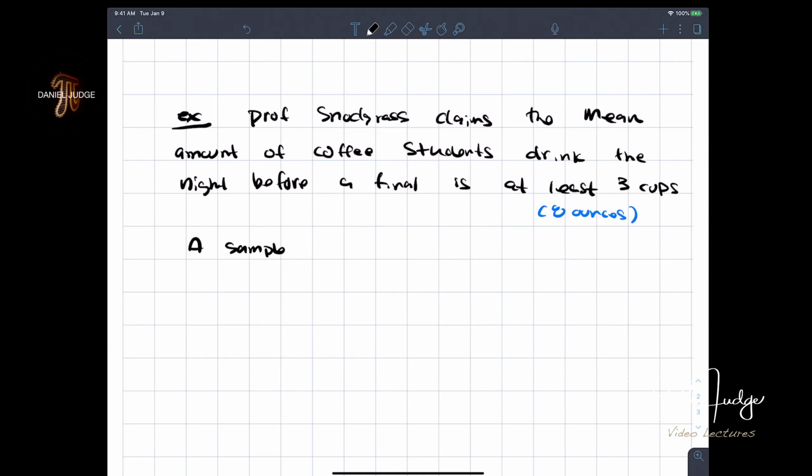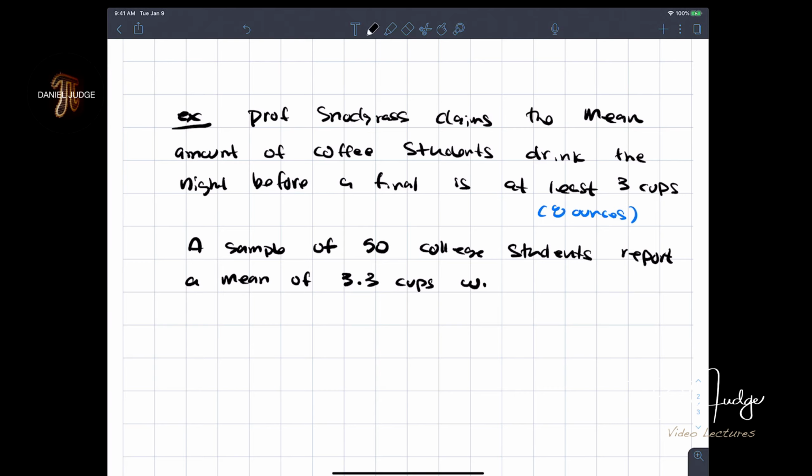A sample of 50 college students report a mean of, let's just say, 3.3 cups with a standard deviation of 0.6 cups.